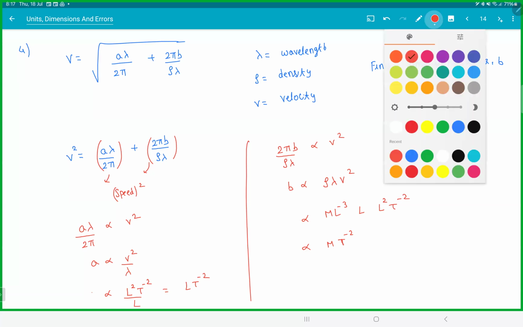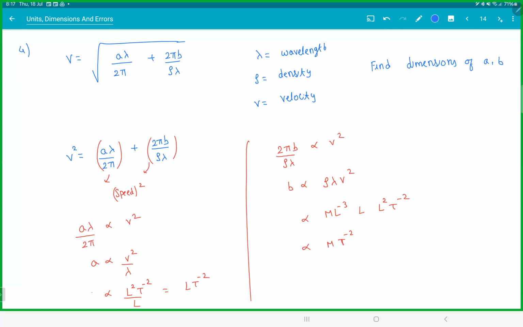Let's see one more. This is the second type of questions. They will give you some quantity, they'll ask you dimensions. Let's see one more.